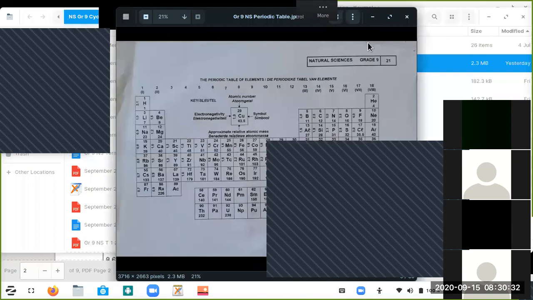However, let's try and move. Name the element that this symbol represents. It's aluminium, as we've seen from the periodic table. Then 8.2, give the element's mass number.